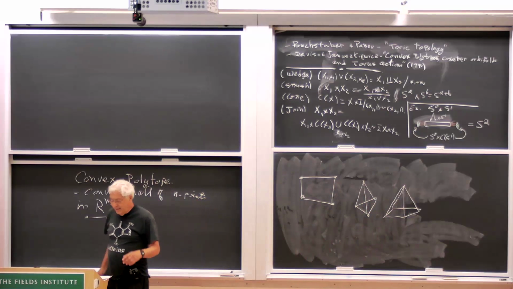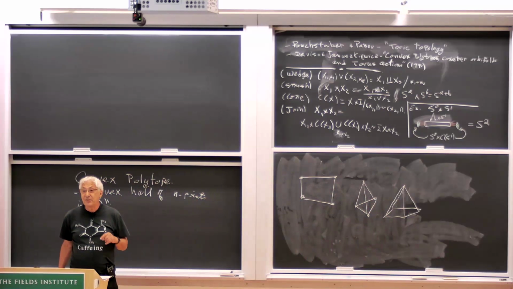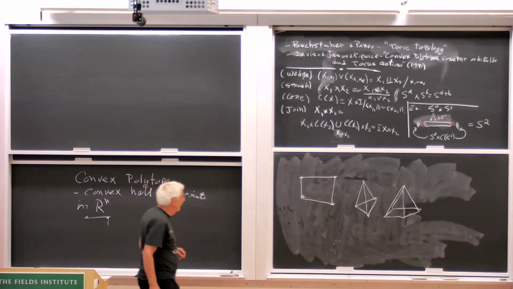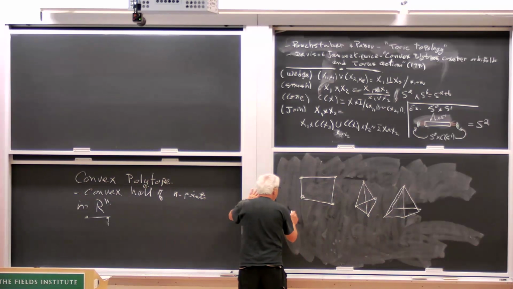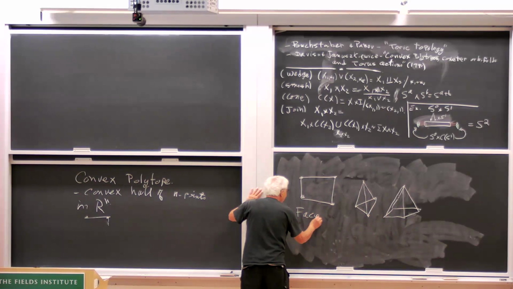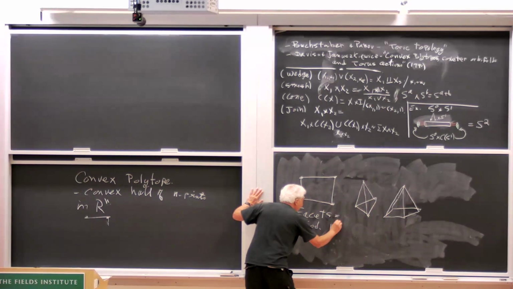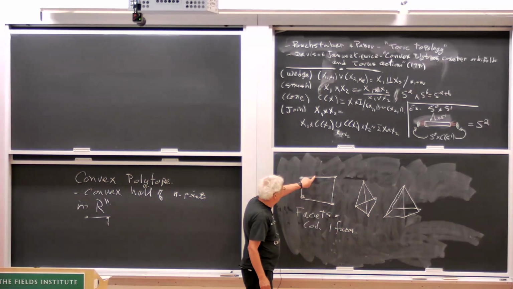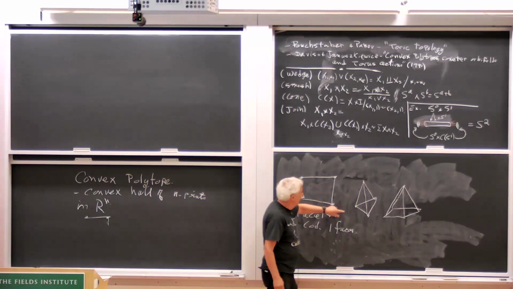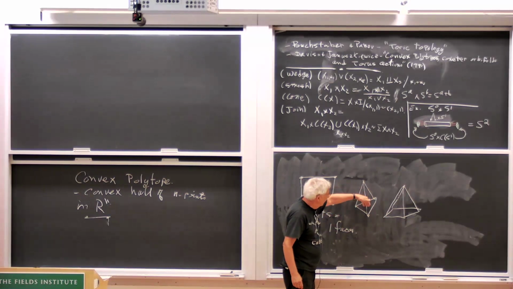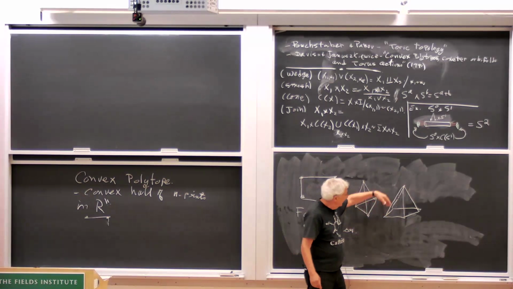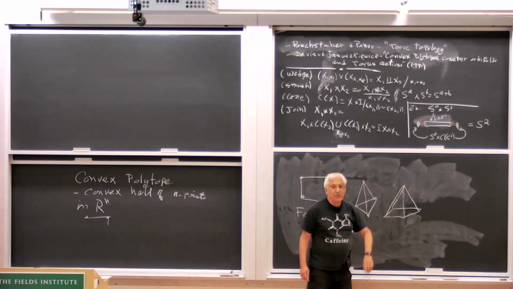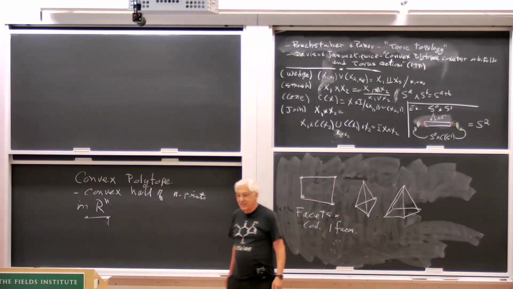The codimension one faces play a special role in this, and they are called the facets. So in this situation, here are the facets: the triangles and the square at the bottom are the facets.